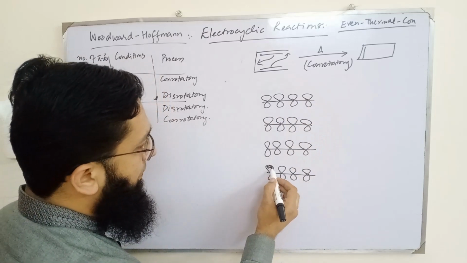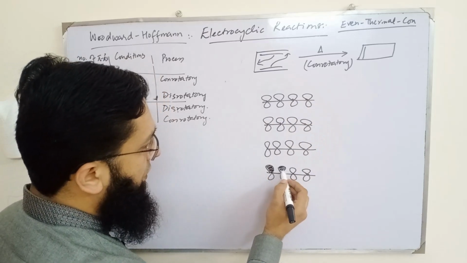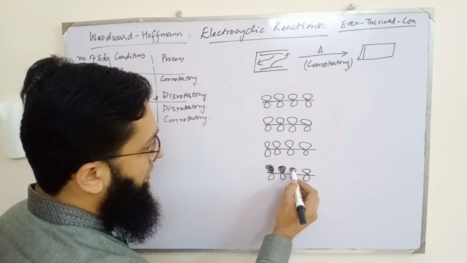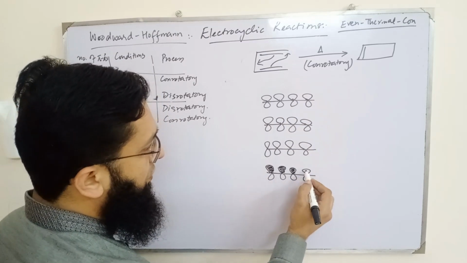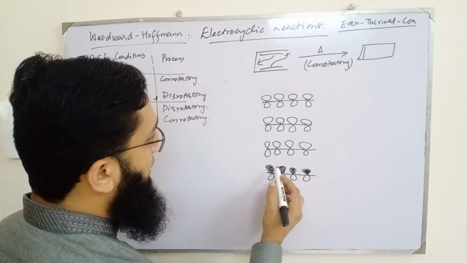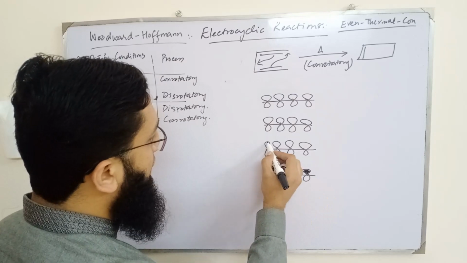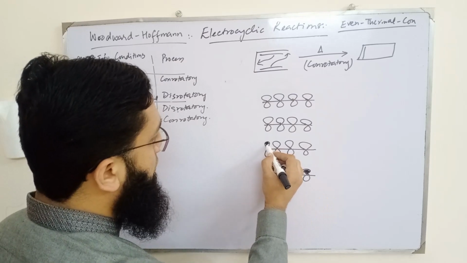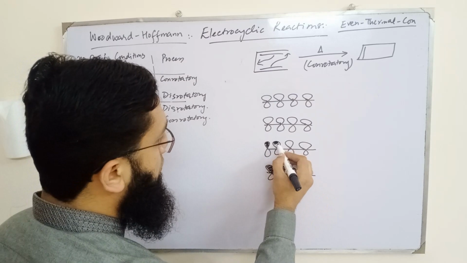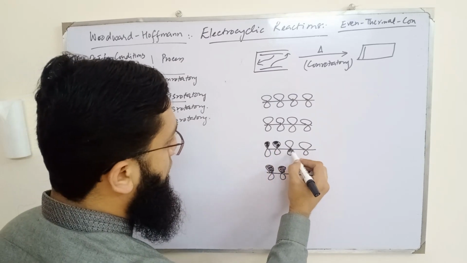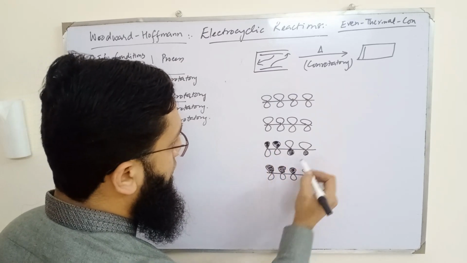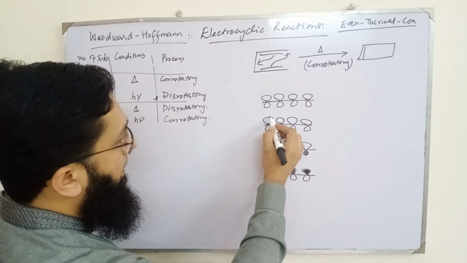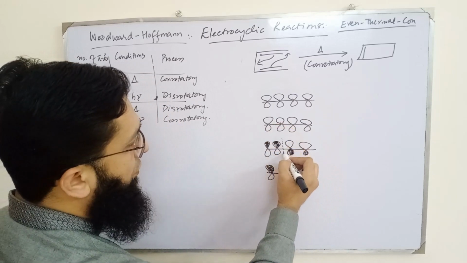We do the shading because this is the ground level molecular orbital, so it would be maximum bonding interaction. Here we have one node.